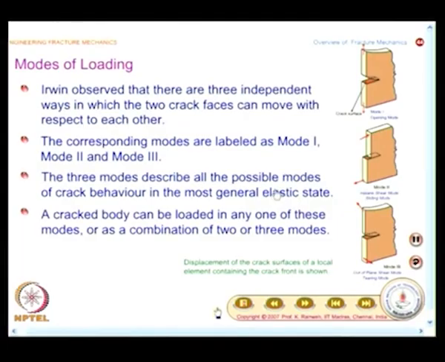It may be only predominantly mode 1 or predominantly mode 2 or predominantly mode 3 or a combination of these. And what we would see now is, we would investigate and understand what happens in each of these modes and how they are labeled, and which one of them is more dangerous than the other, what way the other modes play in crack propagation.